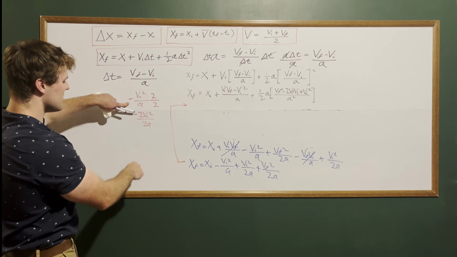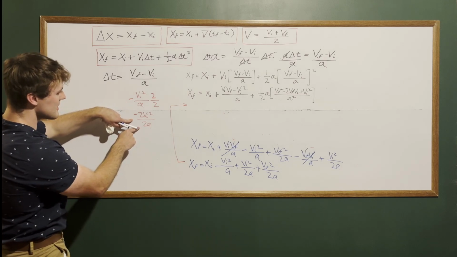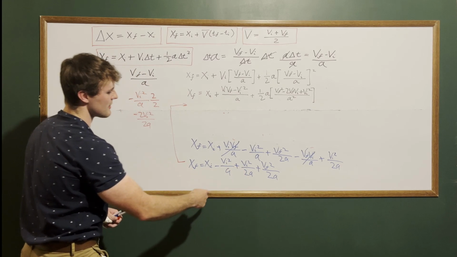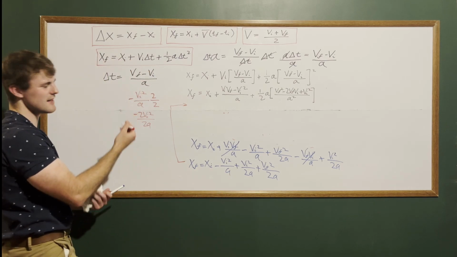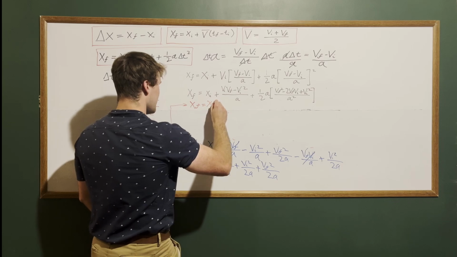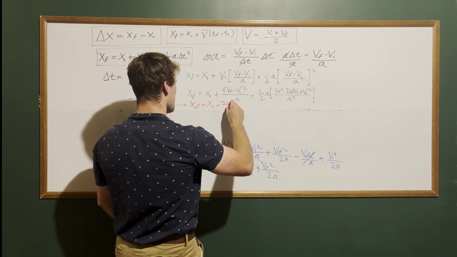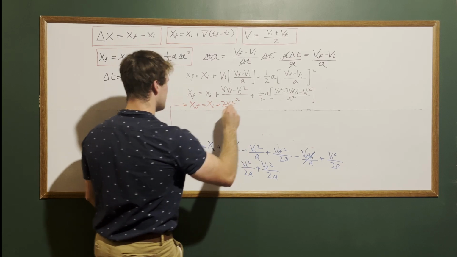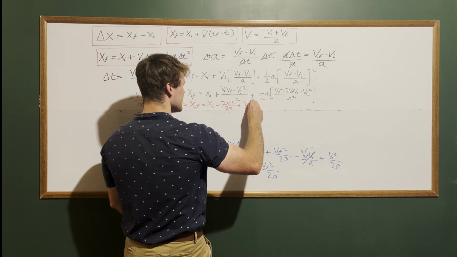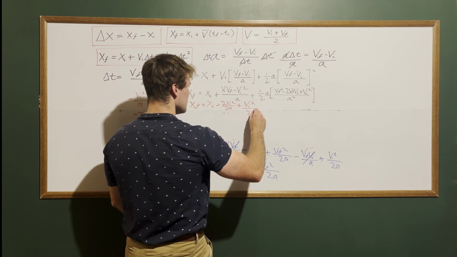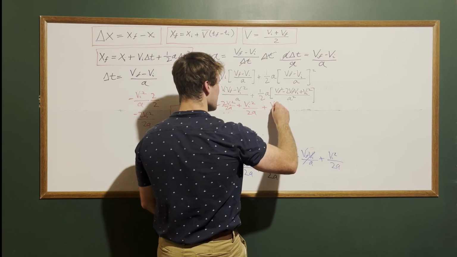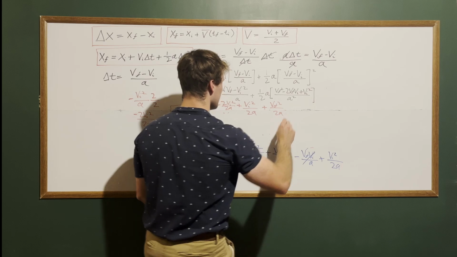These are the same. So let's use this instead of this negative vi squared so we can add these two quantities together, give them the same denominator. That's all I did here. So we have xf equals xi minus 2vi squared over 2a, plus vi squared over 2a plus vf squared over 2a.